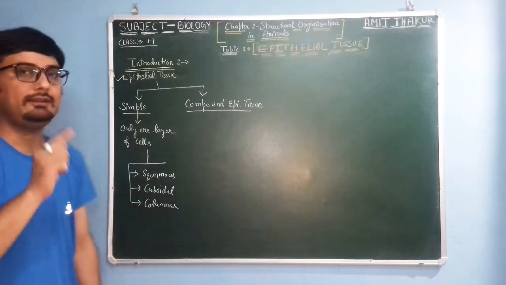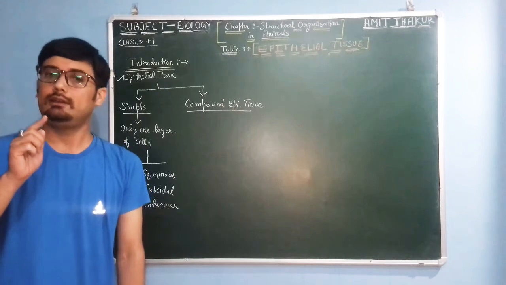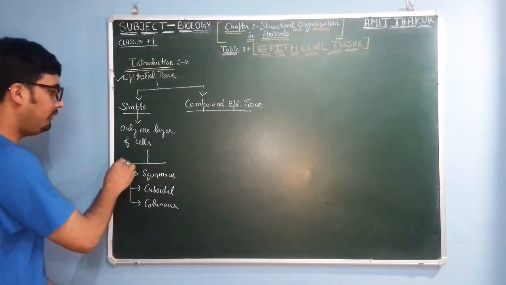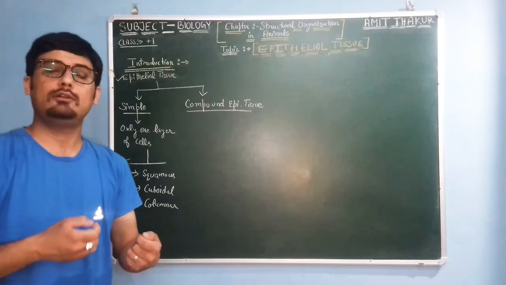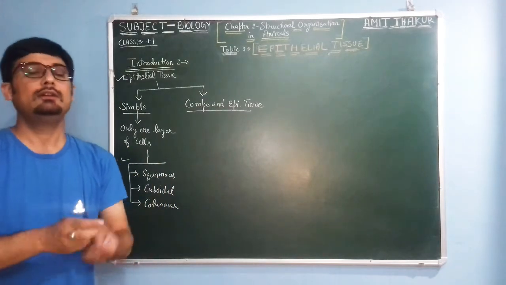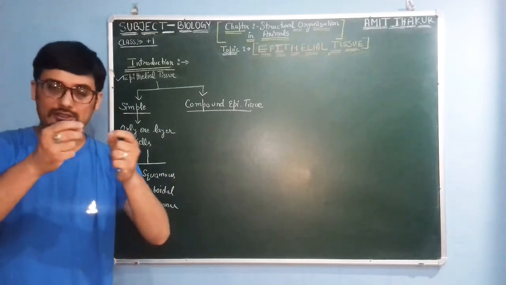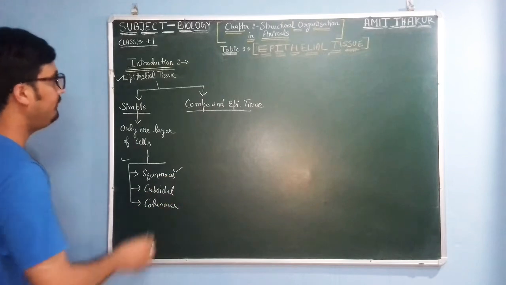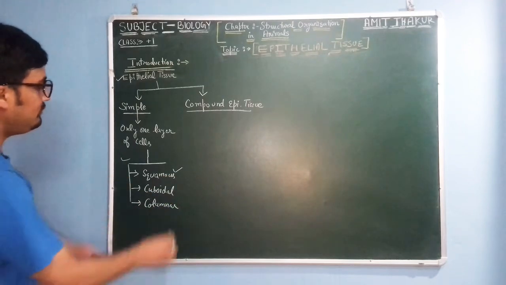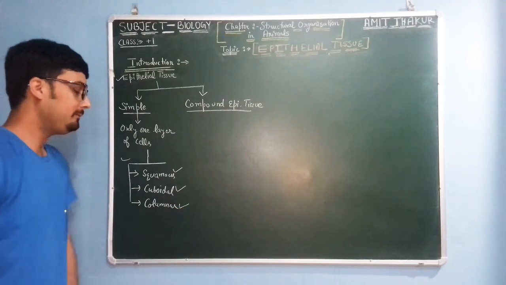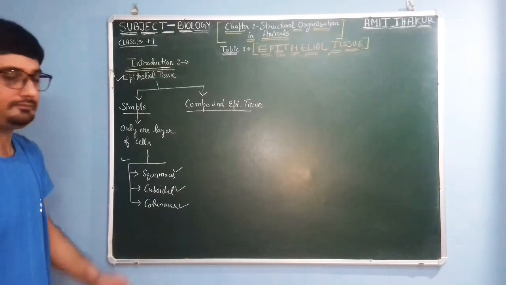Simple means only single layer of cells is present. Okay, so on the basis of the arrangement of the cells in a single layer, shape and size and structural arrangement of cells, it is of three types: squamous type of single epithelial tissue, cuboidal type of single epithelial tissue and columnar type of epithelial tissue.